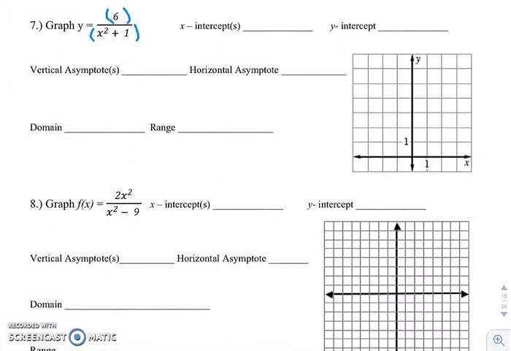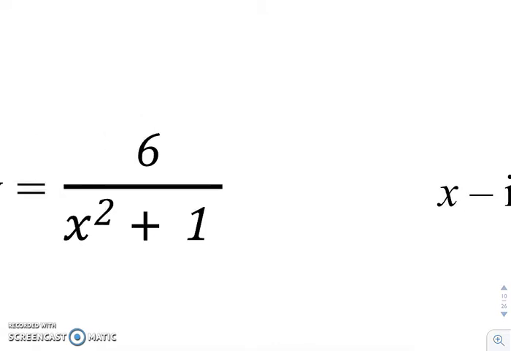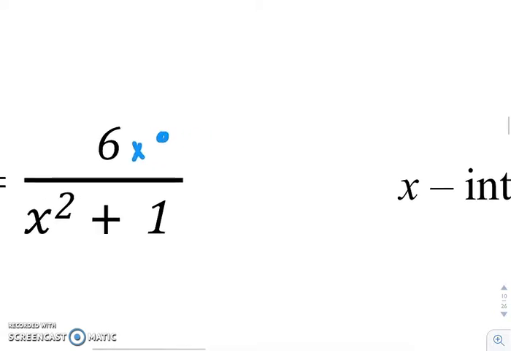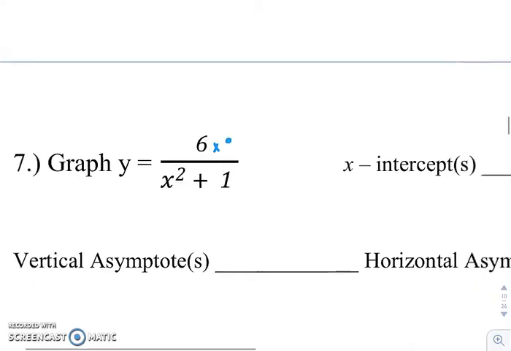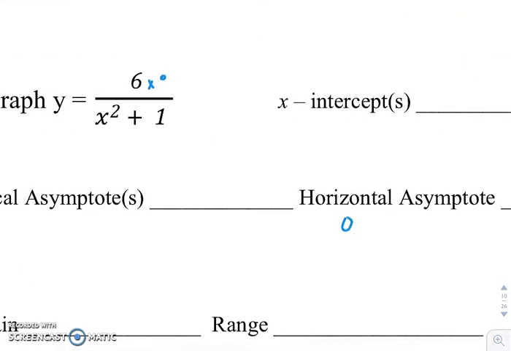So the x-intercept, actually let's do our horizontal asymptote. So the horizontal asymptote, you're looking at M and N. So M is 0 because we have no variable there. N is 2. So when we're looking at this, 0 is less than 2.